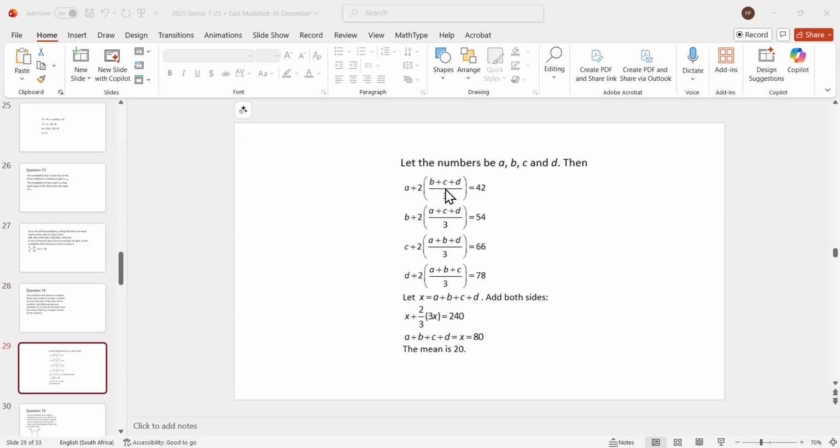You see here, I could have put in place of B plus C plus D, I could have made this S minus A. Now you got all these four unknowns, four equations, and now at the end, I'm calling it X. I call it S. And when you add it up all this, you come back to the same thing. Okay. Let's get on to the next problem. You come back to the same answer, 20, by the way.